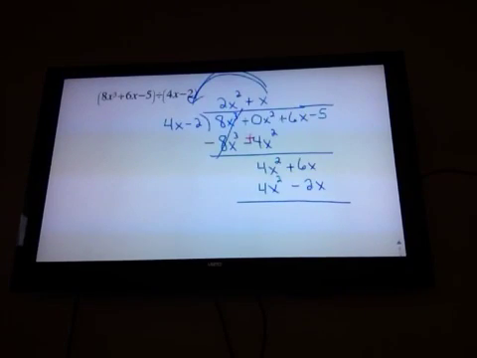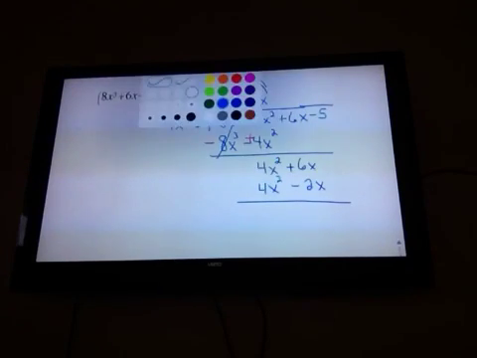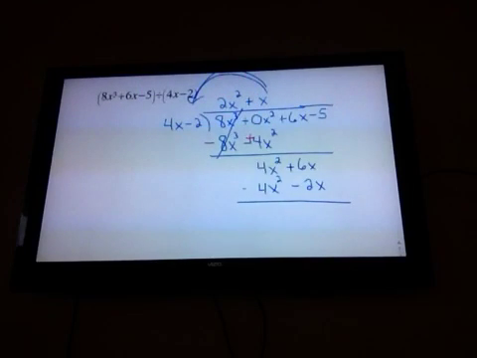And here I subtract, which is the same thing as changing the signs and adding. First ones cancel and should every time. 6 plus 2 is 8x. Bring down the next term.